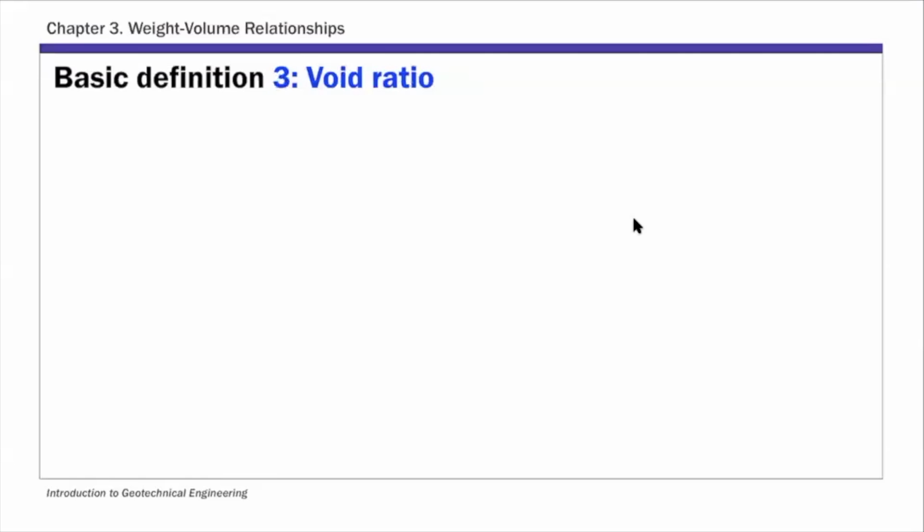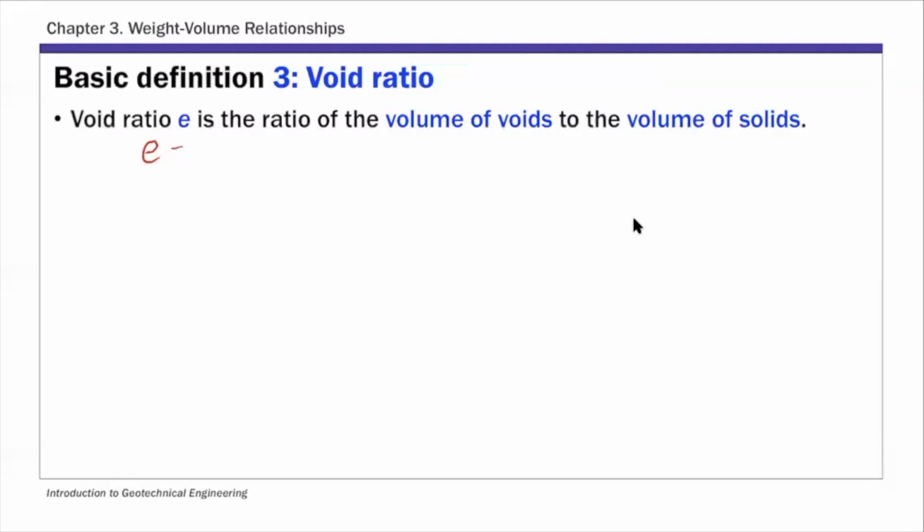For void ratio, we use small letter e. Void ratio is the volume of voids over the volume of solids. So that's void ratio.